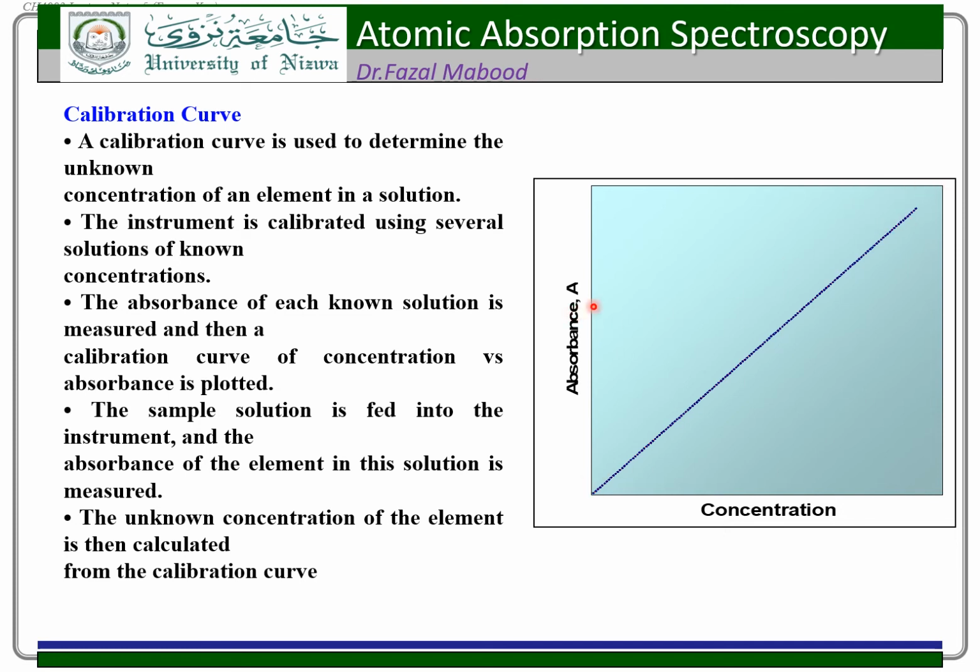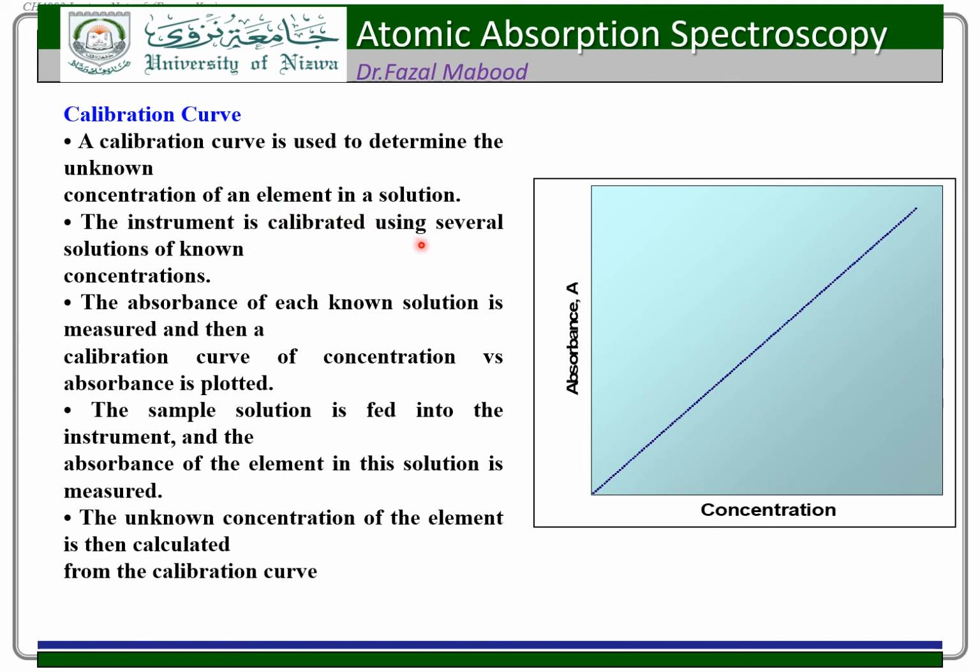For the unknown solution, we measure the absorption. Suppose we got the absorption here, and then we extrapolate and project perpendicular to the axis, so from here we can find the concentration of the unknown. So a calibration curve is used to determine the unknown concentration of an element in a solution.